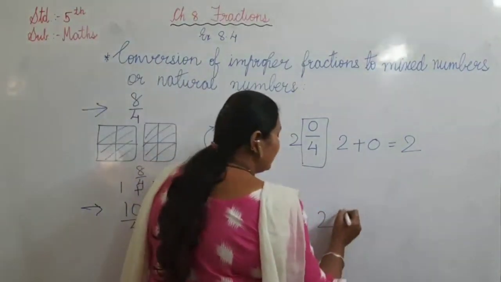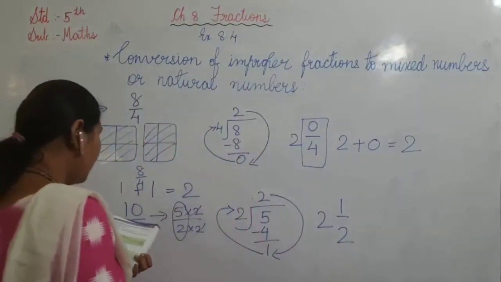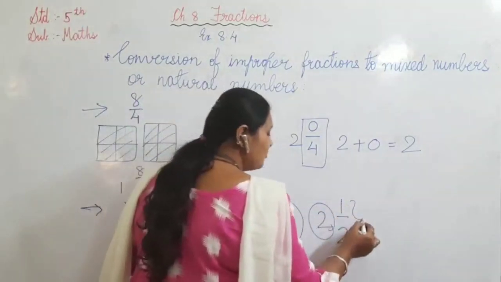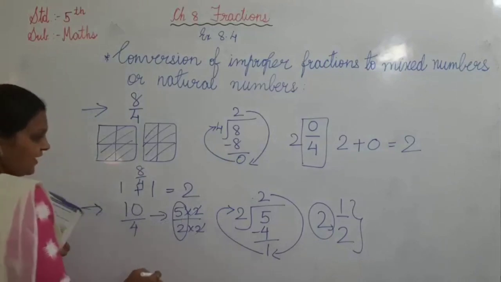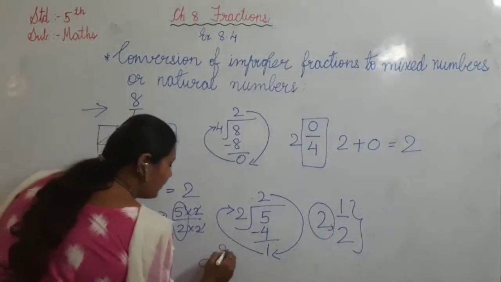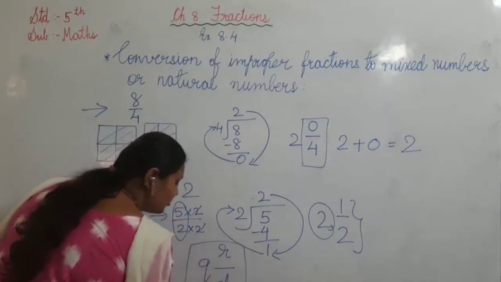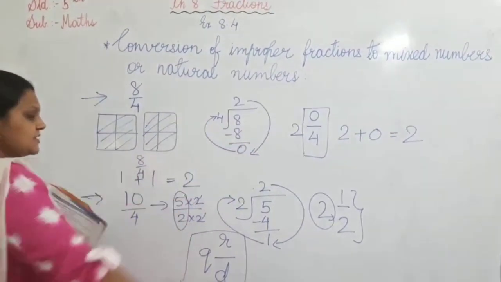So 2 integer 1 upon 2. So here 2 is a whole number and this is a fractional part. In short, we can write like this: quotient, then remainder upon divisor. This you need to remember, or you can write like this also.